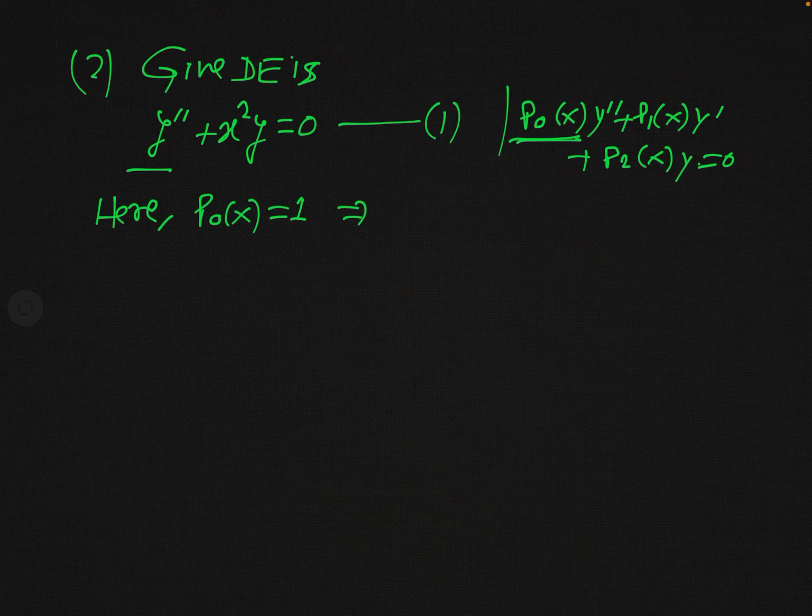And if p naught of x is equal to 1, then what will be p naught of 0? When you say p naught of 0, it means you are taking x equal to 0. You can see this is independent of x, so this will be equal to 1. And if it is 1, it means it is not 0.